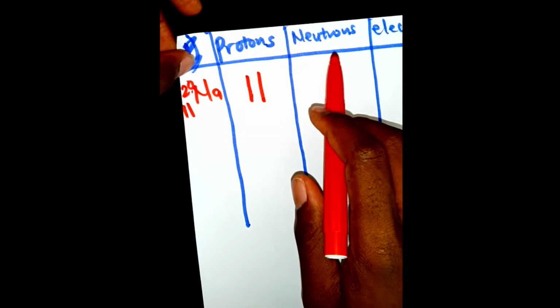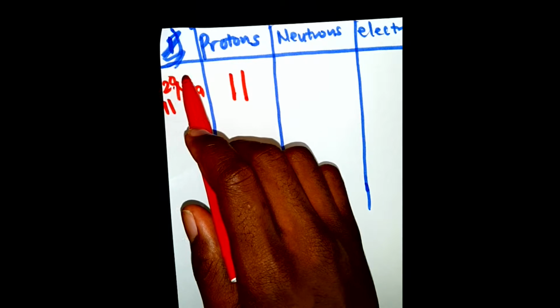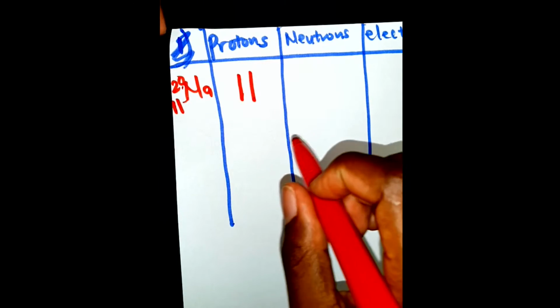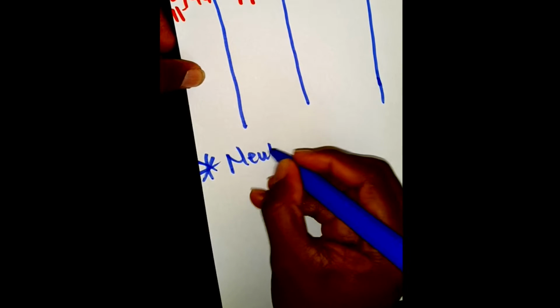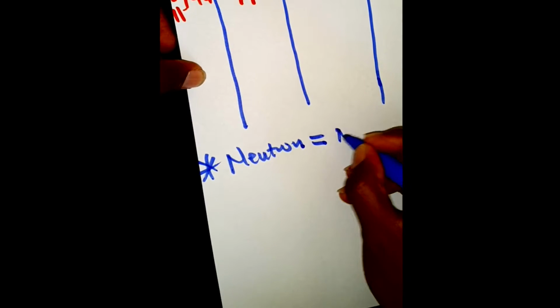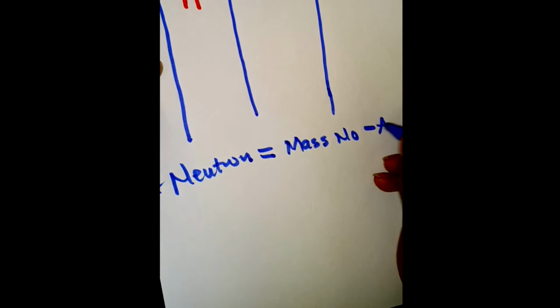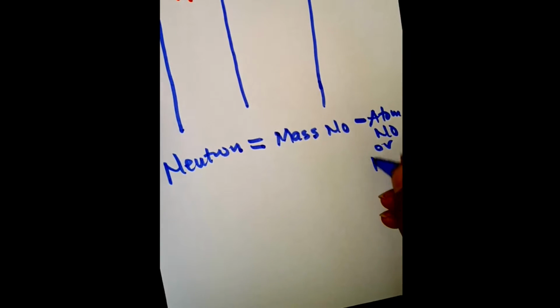So to find our neutrons, we have to subtract the mass number minus the atomic number. You have to have this formula in mind. Note, neutron is always equal to the mass number minus atomic number, or you can call it protons.